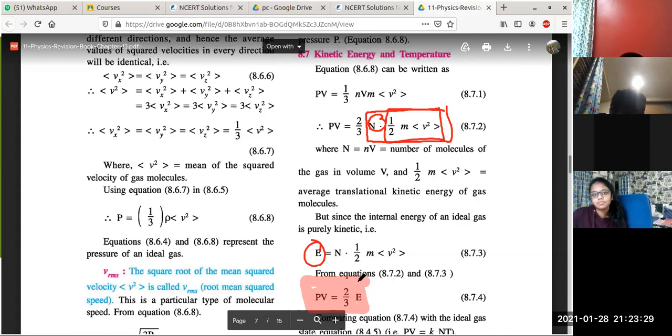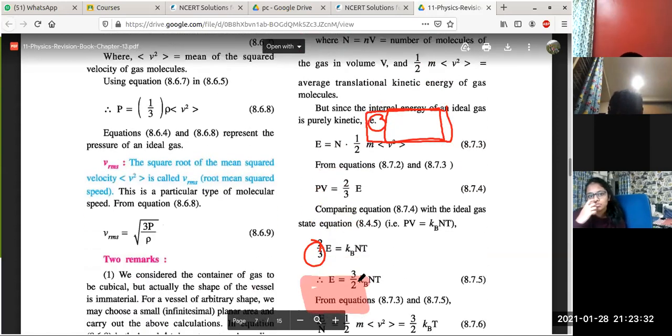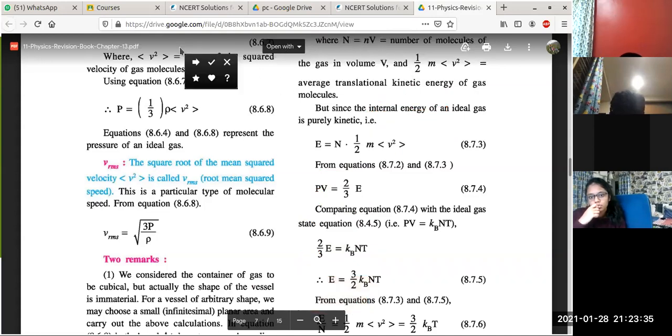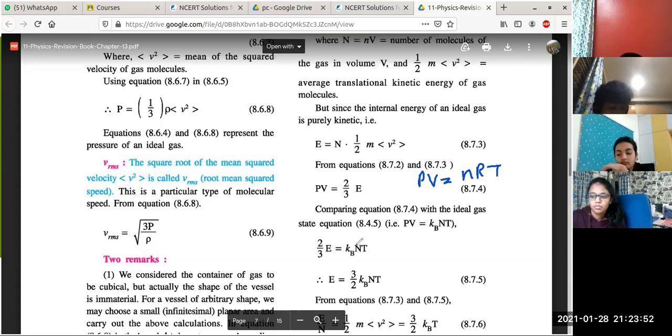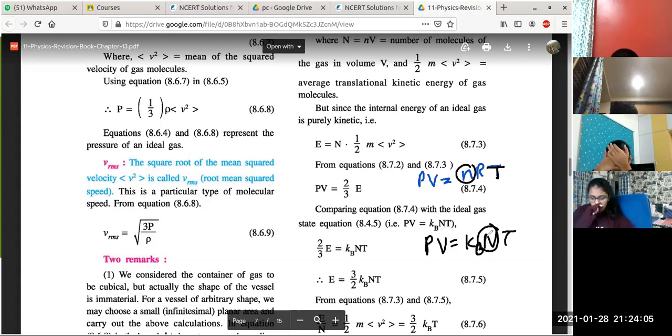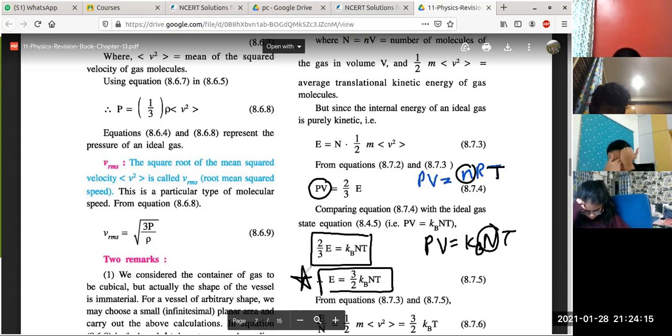Now, it is not over yet. PV was equal to nRT, and in terms of Boltzmann constant, PV is equal to kB N T, with capital N. So two thirds E is equal to kB N T. So E is three by two kB N T. This is really important.